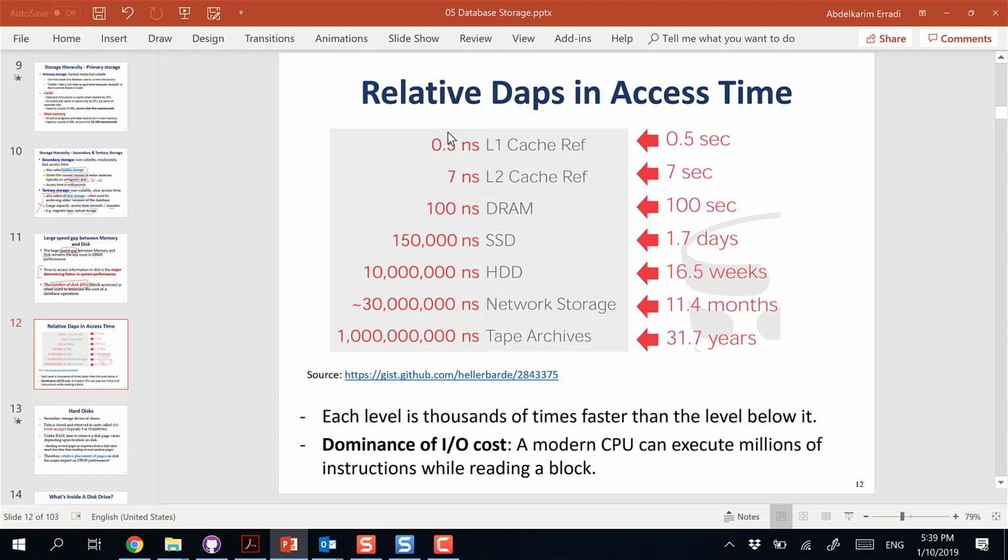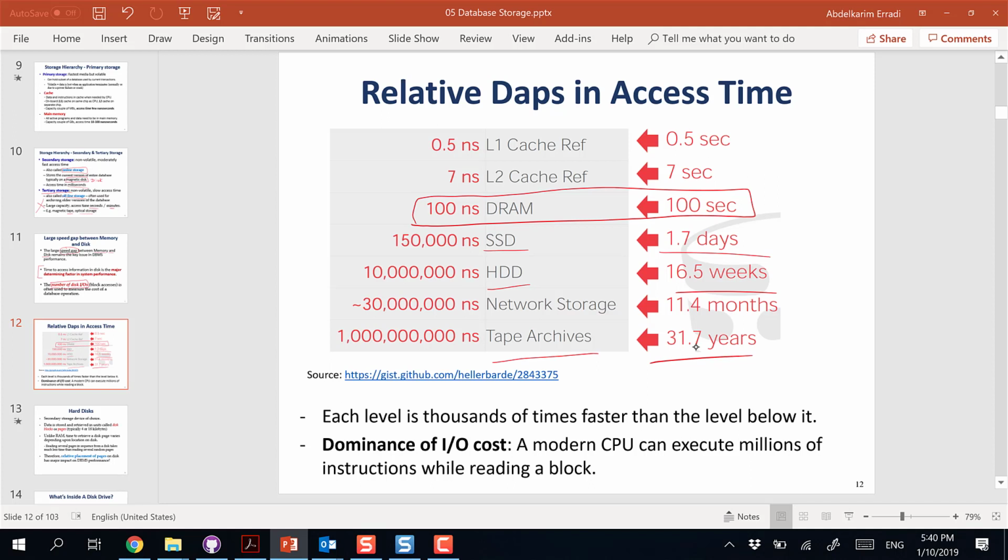Yeah. So for example, look at the RAM. It will take 100 seconds. Doing the same thing from an SSD, it will take 1.7 days. Using a hard drive, 16.5 weeks. And using a tape archive, it will take 31 years.